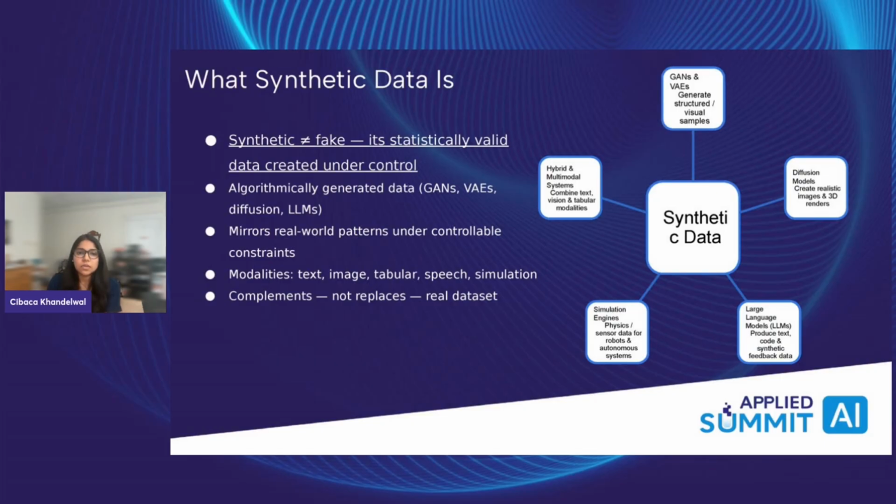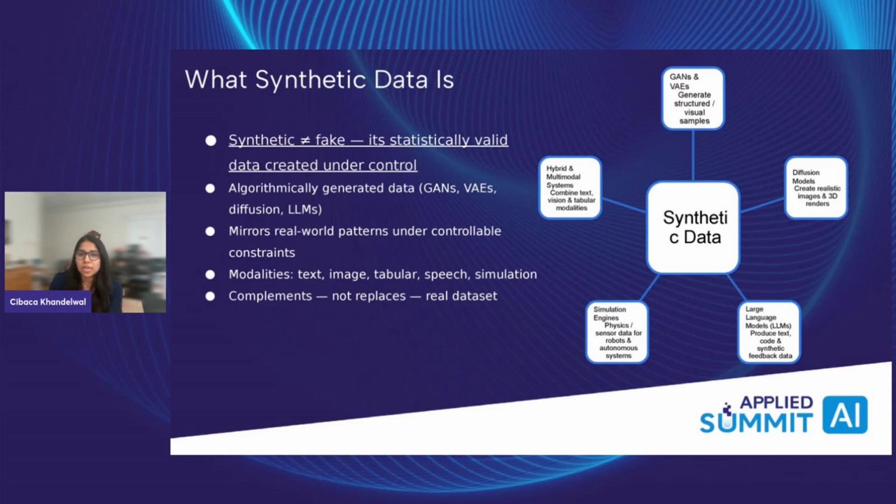What is synthetic data? It's data produced by algorithms rather than collected directly from people. A few examples include generative adversarial networks, which have a generator and a discriminator working against each other until the generator becomes indistinguishable from reality. Variational autoencoders compress data into latent space and sample new variations.